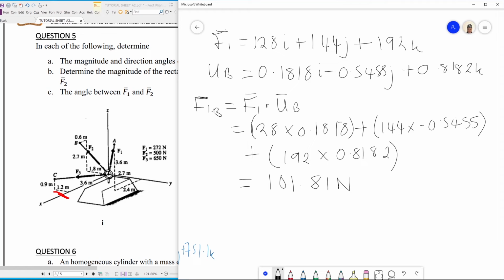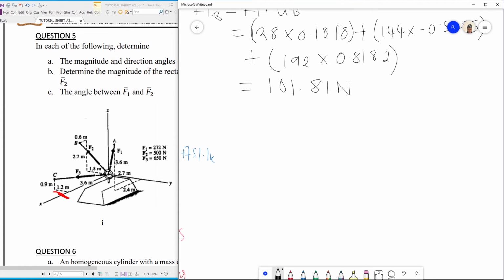So we found that. Now I want to find the angle between F1 and F2. To find the angle, it's simply using the same dot product and then finding the inverse. If you are using the unit vectors, you'll find the cosine inverse of the dot product of those two unit vectors.